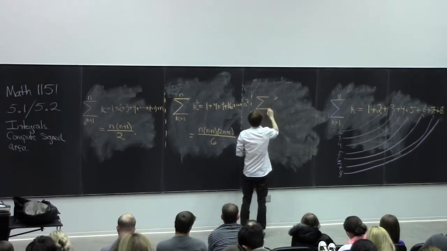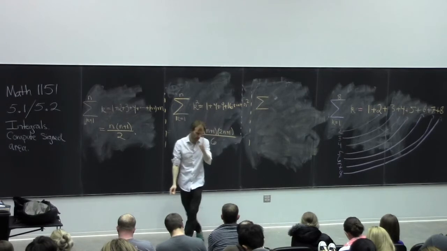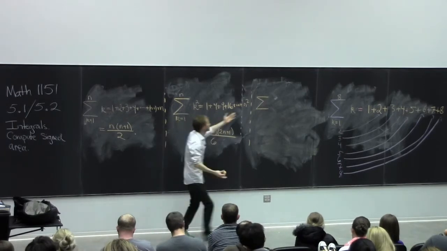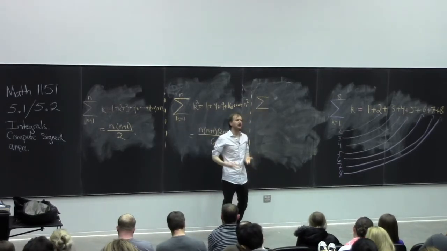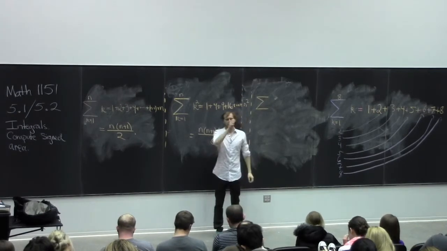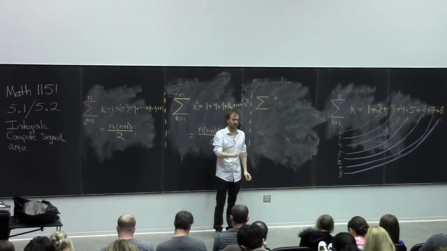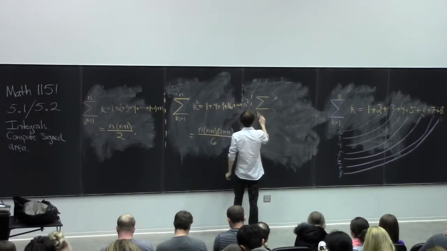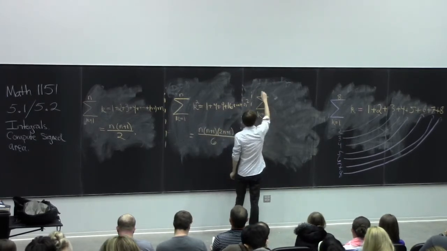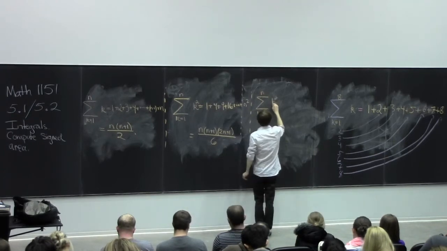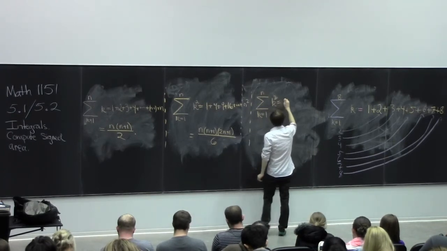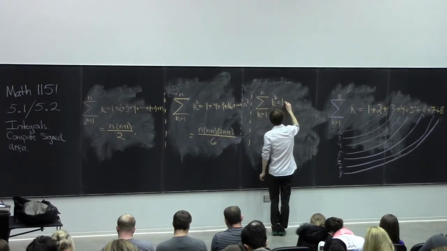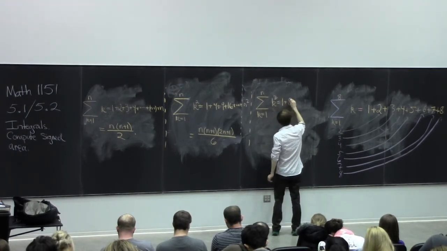So I'm going to sum the cubes now. Here's my sum. The sum as k goes from 1 to n of k cubed is equal to 1 plus 8 plus 27.